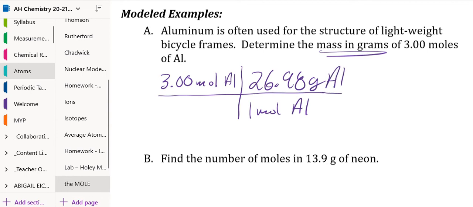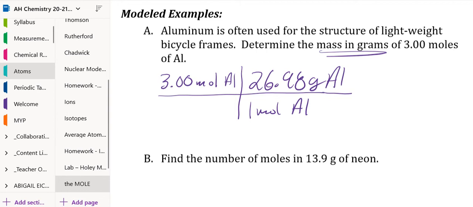Just gram. Right? Molar mass is grams per 1 mole. So the molar mass of aluminum, where do we find that 26.98? On the periodic table. We can write it as 26.98 grams over 1 mole, or 1 mole over 26.98 grams.